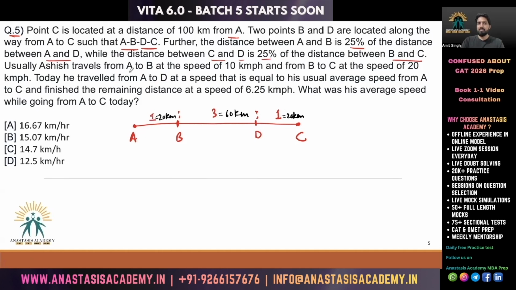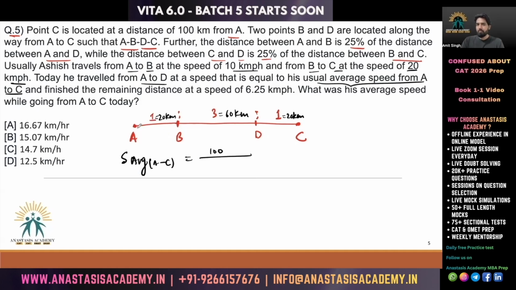Now, usually he travels from A to B at a speed of 10 kilometers per hour, and from B to C at a speed of 20 kilometers per hour, right? Today, he traveled from A to D at a speed equal to his usual average speed from A to C. So first I need to find the average speed from A to C. Average speed from A to C would be equal to total distance upon total time taken, and the distance is 100.